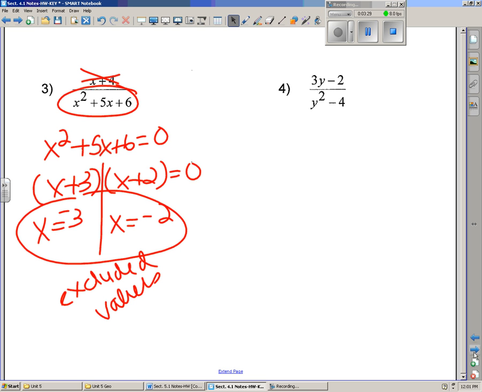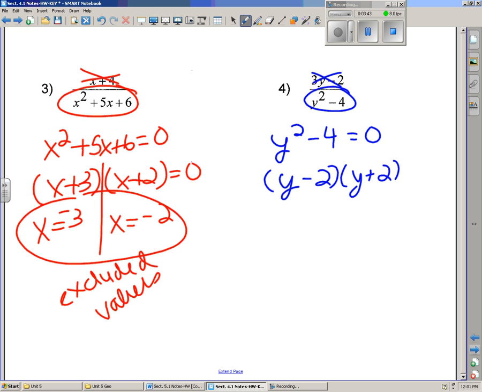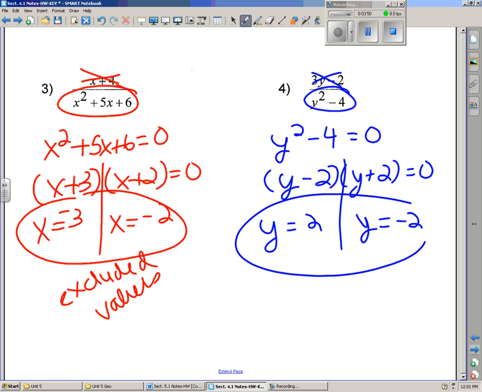These are the 2 numbers in which this fraction will become undefined. Last one here, again, denominator is all we're worried about. Numerator is irrelevant. The excluded values here, factor by dots. Again, the factoring should be quick these days. So these happen to be your excluded values. Okay, so that's all the excluded value stuff.